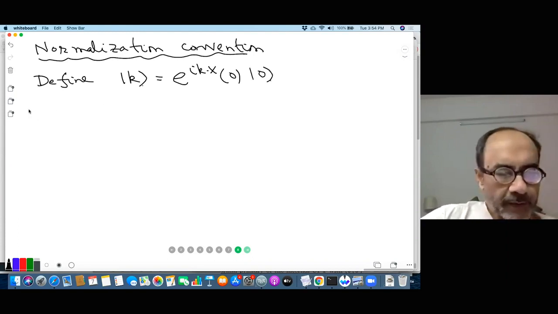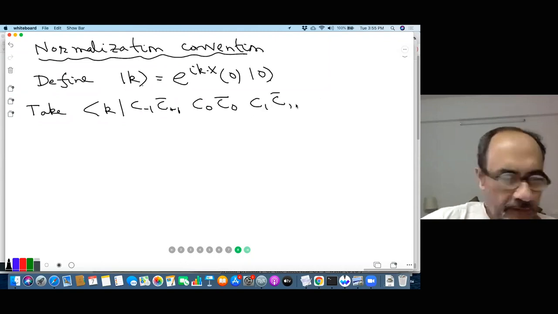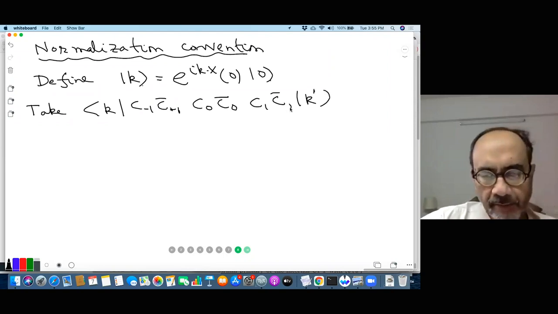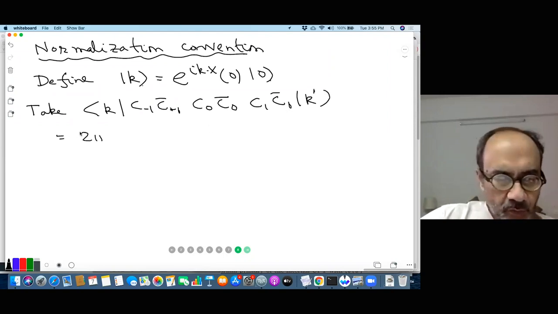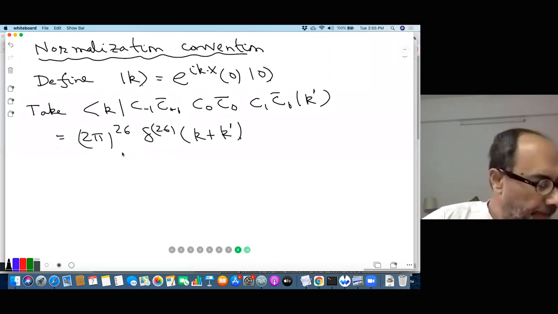And then we normalize as follows: the matrix element of c minus 1, c bar minus 1, c0, c bar 0, c1, c bar 1 on k prime. This we take to be 2 pi to the 26 delta 26 of k plus k prime. And once you have defined this normalization condition, then all other correlation functions are determined, basically by analyticity and operator expansion and so on.